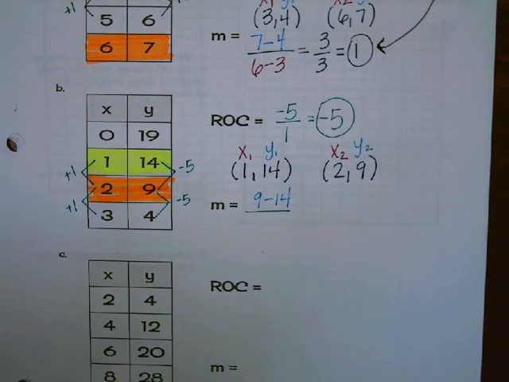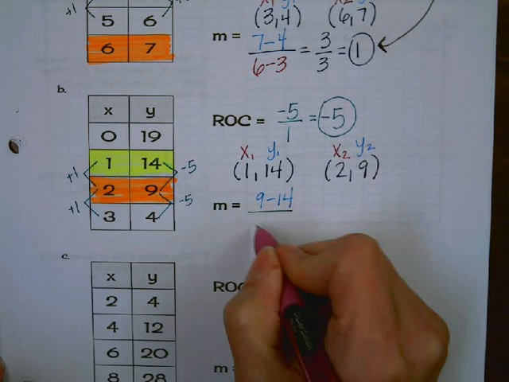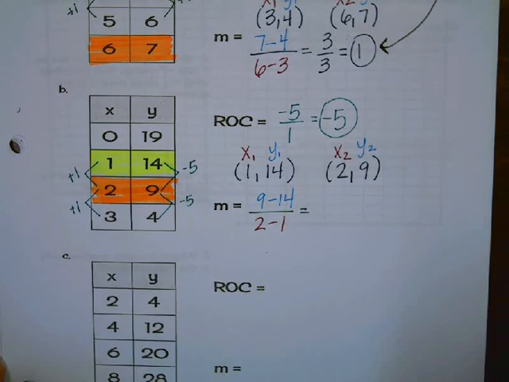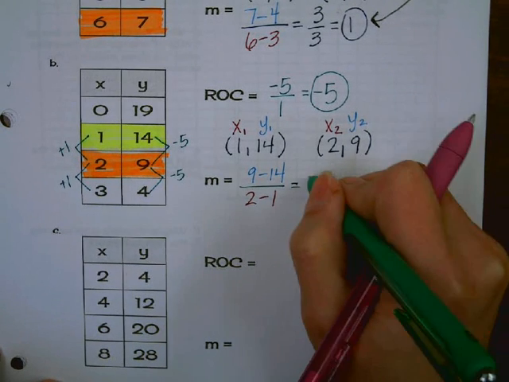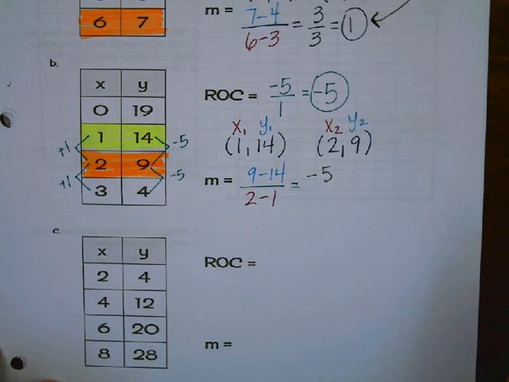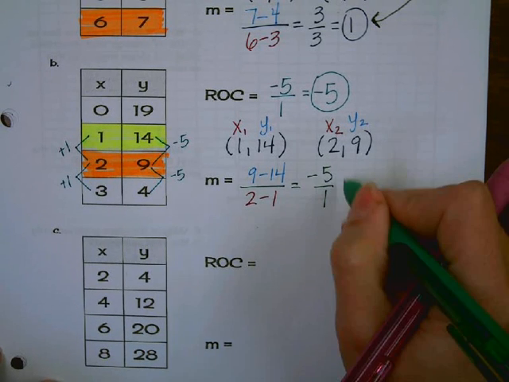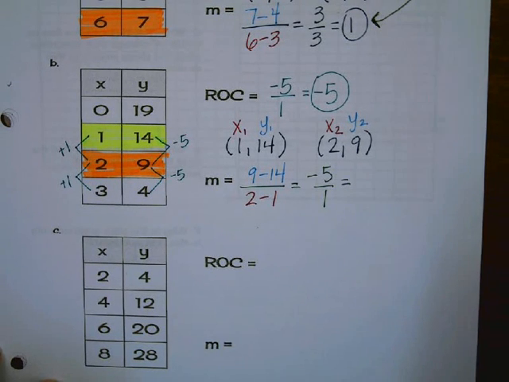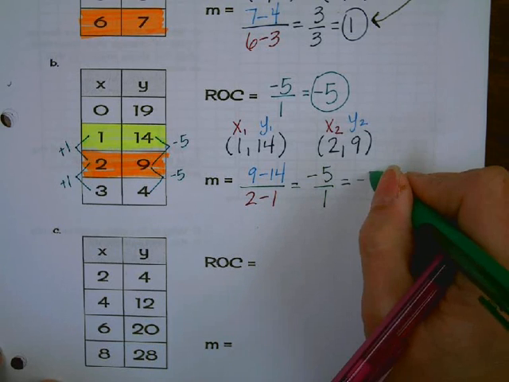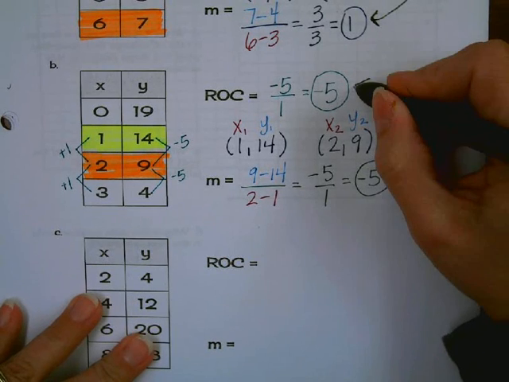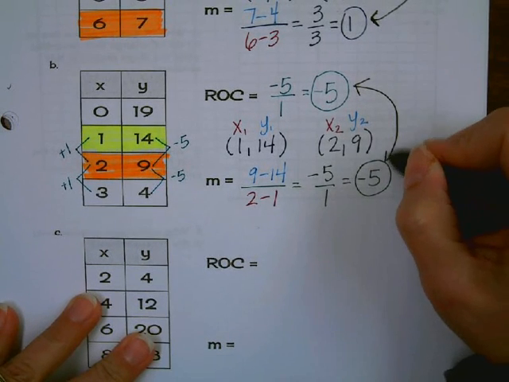Then I have to do x2 minus x1, 2 minus 1. 9 minus 14 is negative 5. 2 minus 1 is 1. Again, I can leave it like this, or I can go ahead and solve negative 5 divided by 1, which is just going to be my negative 5. So yet again, we can see that both my rate of change and my slope are exactly the same.